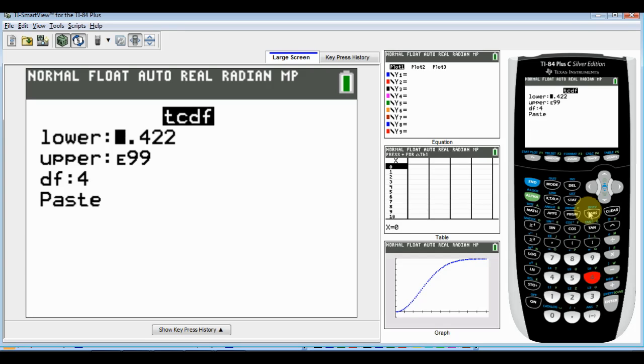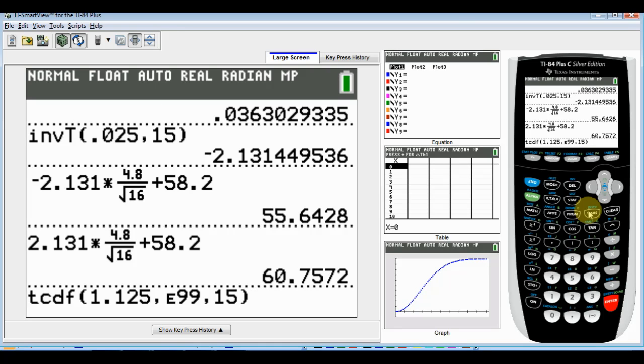I forgot it. 1.125, E99 with 15 degrees of freedom. Times 2.